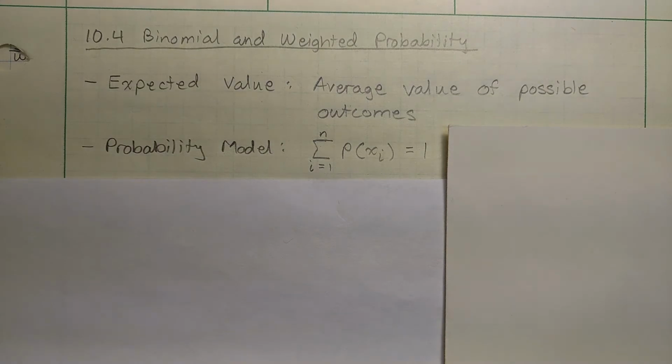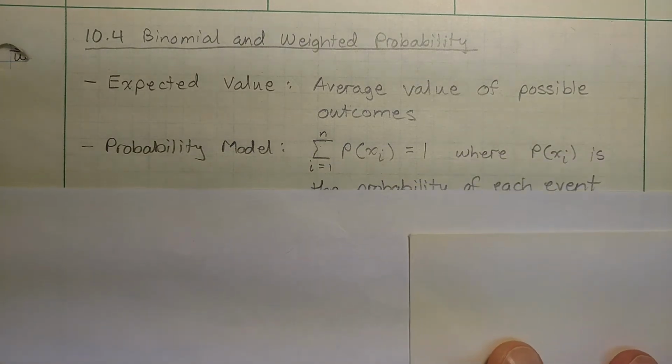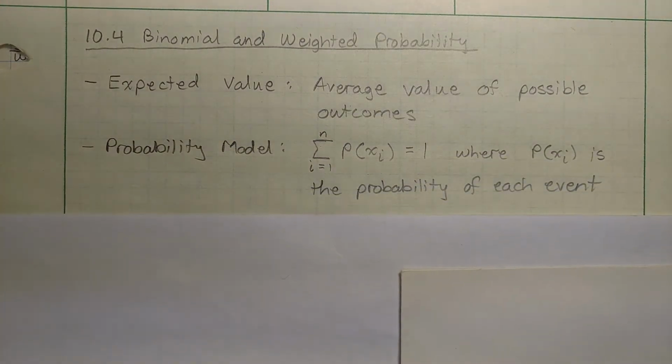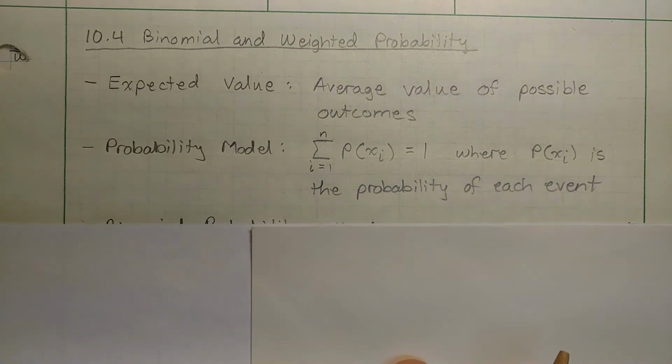And we know that in a probability model, if we add up all the possible probabilities of the different occurrences, going through 1 through n, that it has to be equal to 1. That's what makes the probability of something that is certain to happen. If we basically add up all the possible outcomes, it's got to equal 1. And so this is our indication there. That's the probability of each individual event.